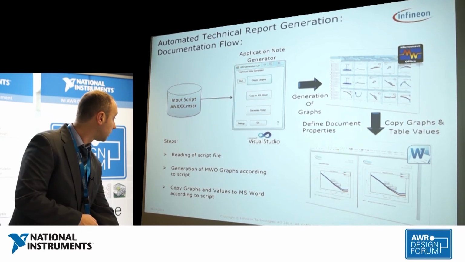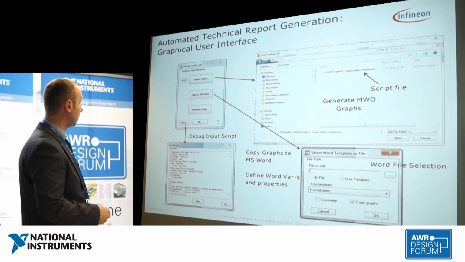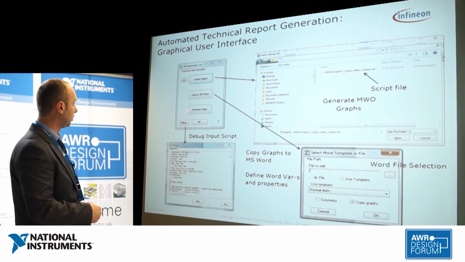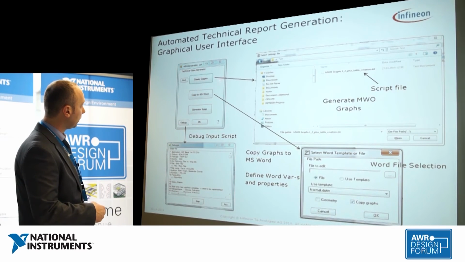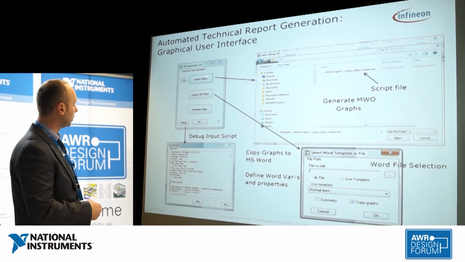I will tell a bit about the user interface. This is a simple Visual Studio program. It's a Windows program, and it has a few functions. The first function is create graphs. This means that if we press this button, we get a menu to select a text file with a script.